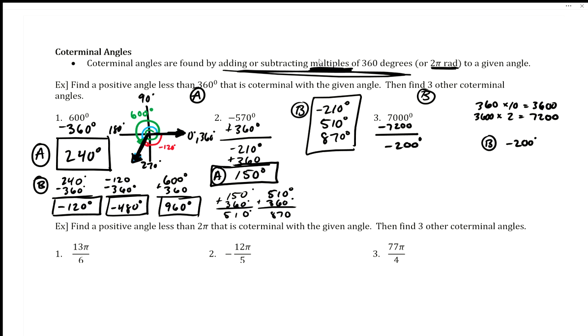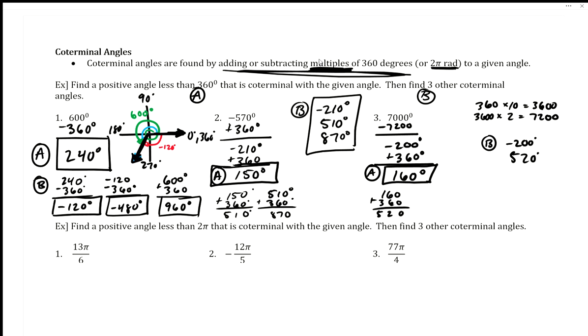Now if I have negative 200 for part A, I could just do a quick addition of 360. There we go, positive 160 degrees. There's our part A. Again, I just need 2 others. I'm going to add another 360 real quick, and we get 520 degrees.